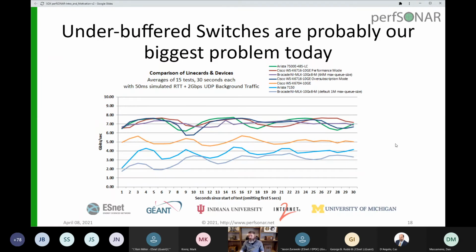Why do people shy away from switches that have deep buffers? Well, buffers cost money. And so when you're looking at a switch and it's a 10 gig switch and you can get this one for cheaper than that one, sometimes that drives decisions. And so it's very, very important to understand the specific kind of hardware you're buying and how that's going to affect performance if you're talking about transfers that aren't just local in nature.